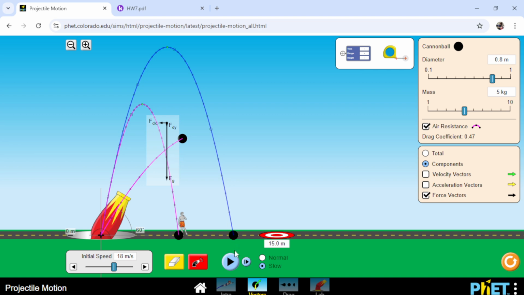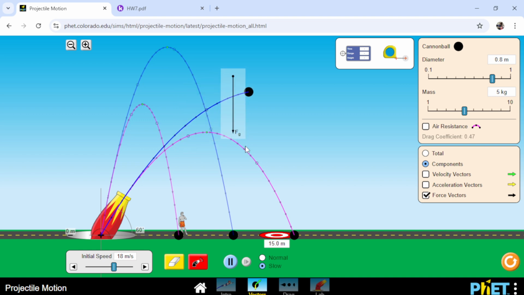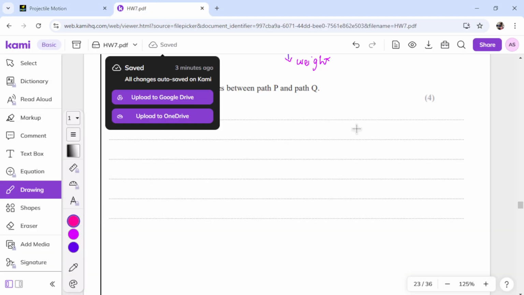This is why it will reach a lower height. Without air resistance, it will have a higher range and a higher maximum height.